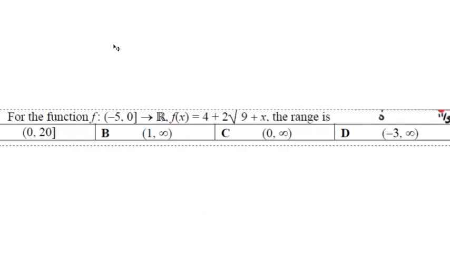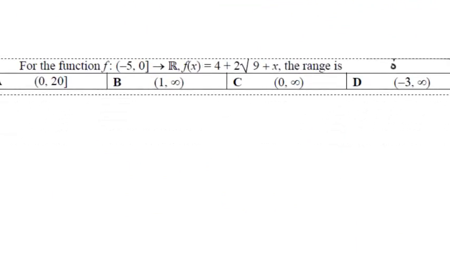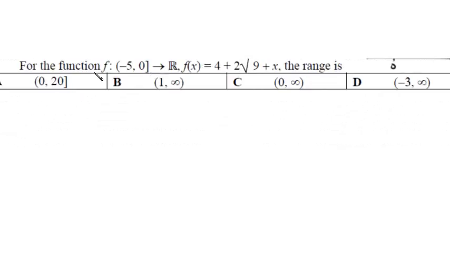So this one here says f, this is the domain, maps onto codomain all real numbers, and this is the equation like this, and what is the range?